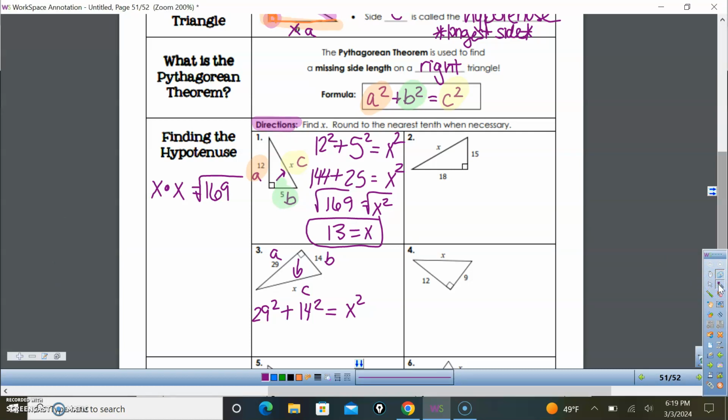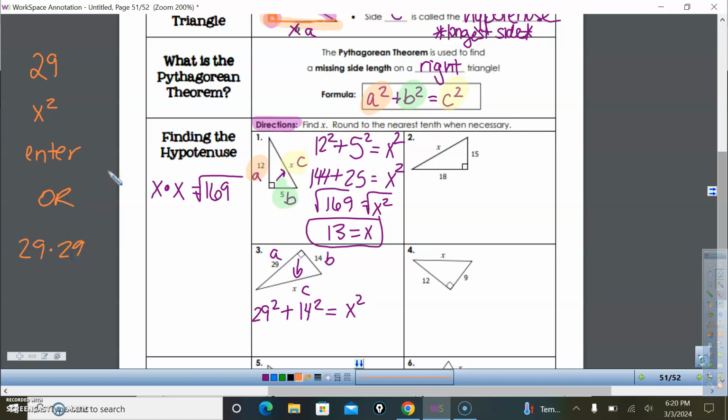And then from there, you guys are going to want to use your calculator. So using your calculator, you are going to type in 29 squared. On your calculator, you can just type 29 and then hit that little x squared button and then hit enter. Or you could type in 29 times 29.